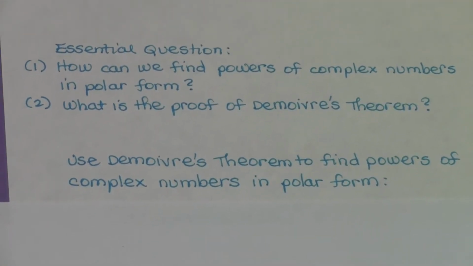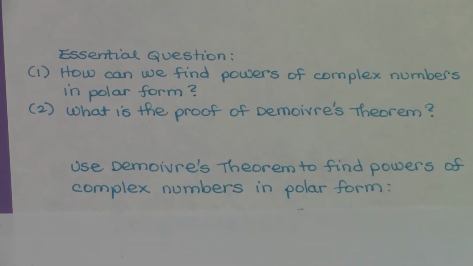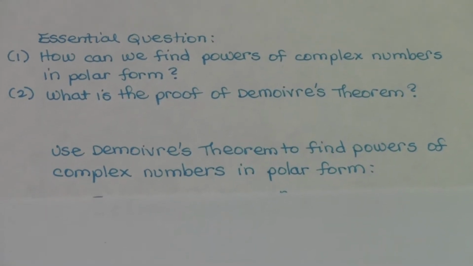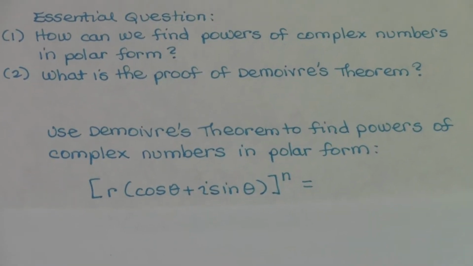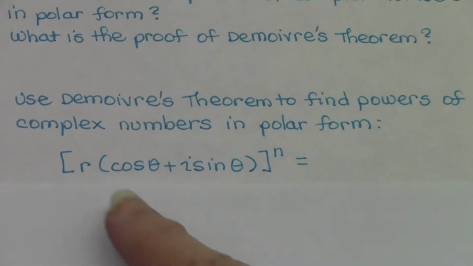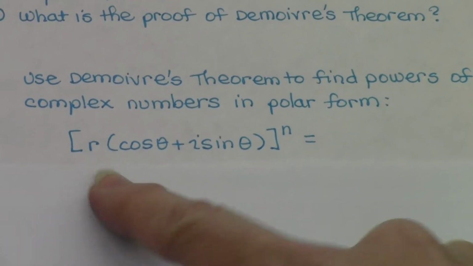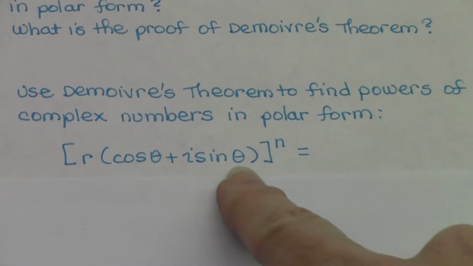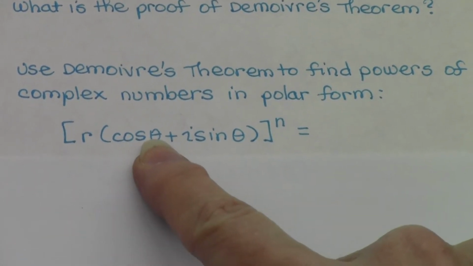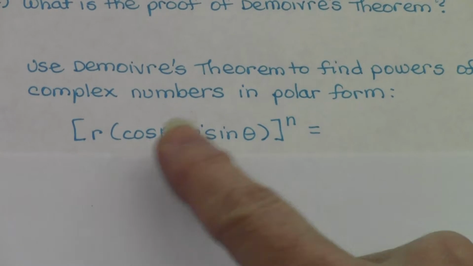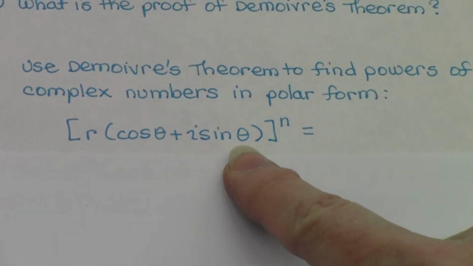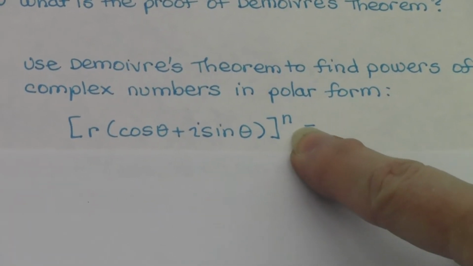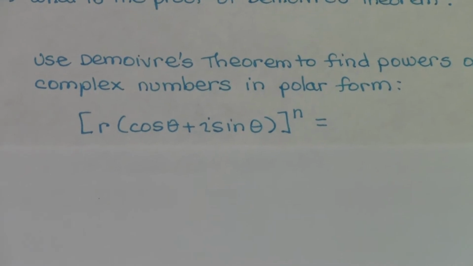The way you use DeMoivre's theorem is by taking a complex number in polar form. So you have an r value, the distance away from 0, and you have a direction, which is determined by cosine theta plus i sine theta. So that's your complex number, and it's raised to the n power, any power you want.